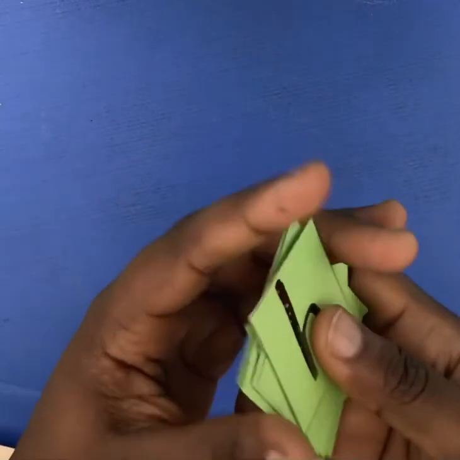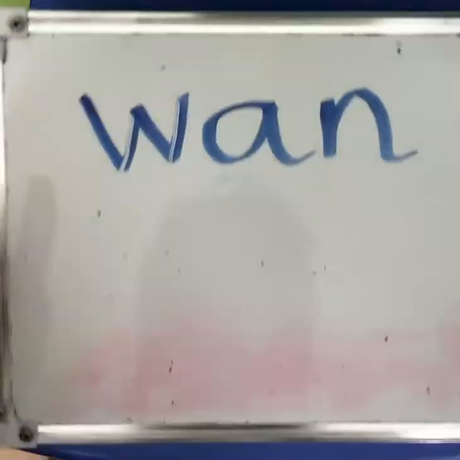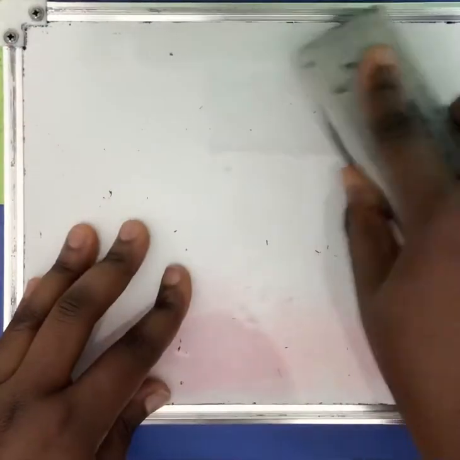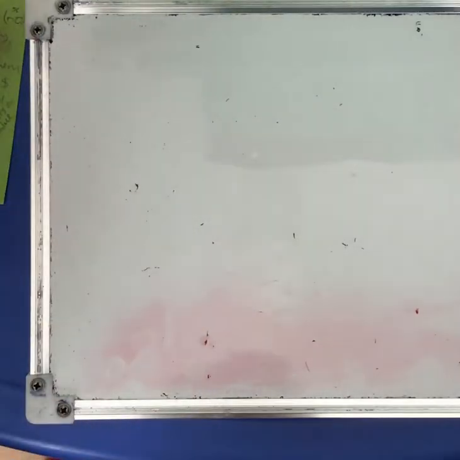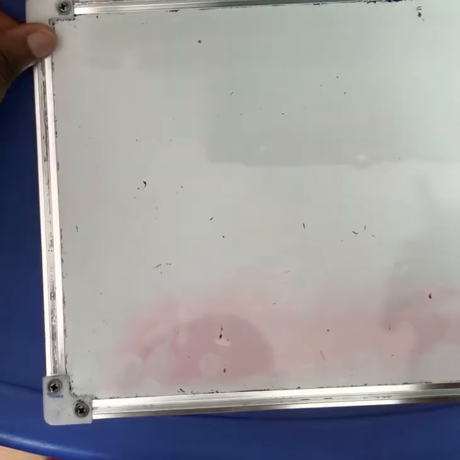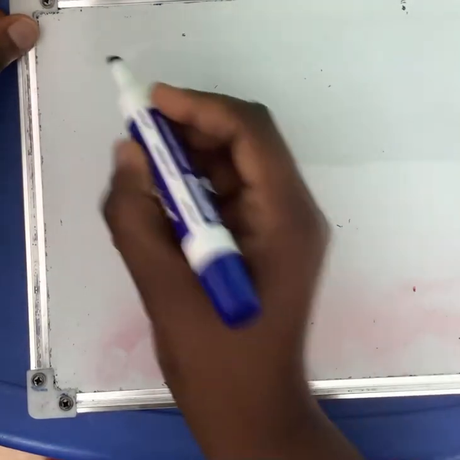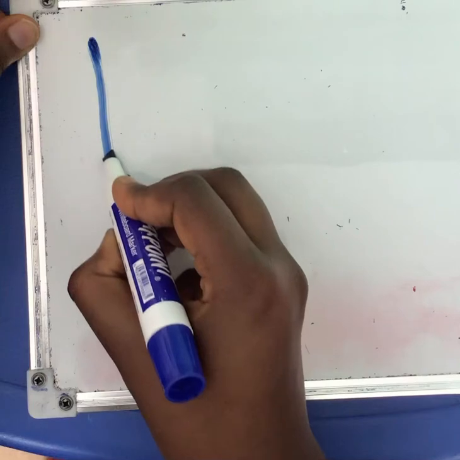But before we do that, I want us to try writing the number 1 again on the board. Remember I said we have to memorize the letter names, the number names, right? So let's go.